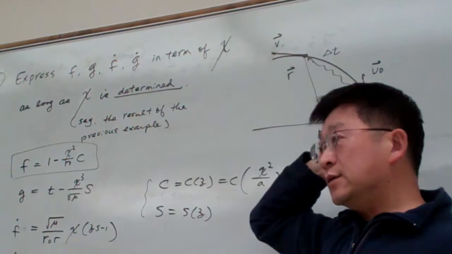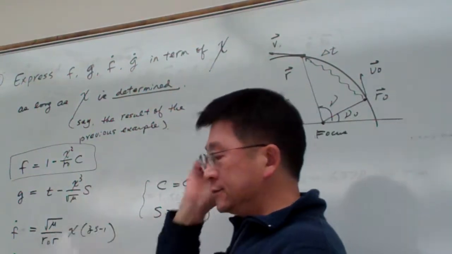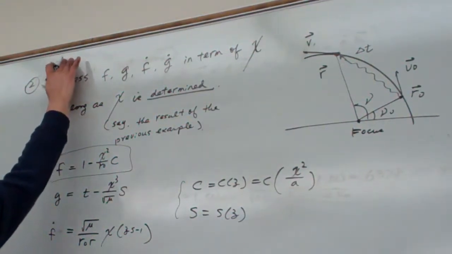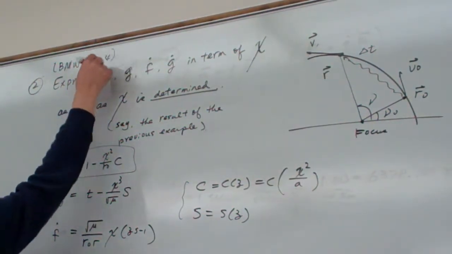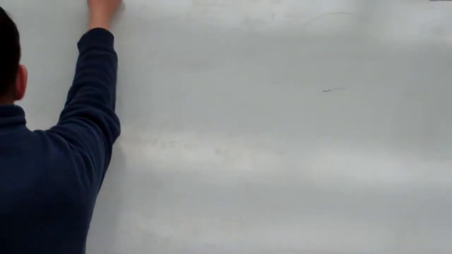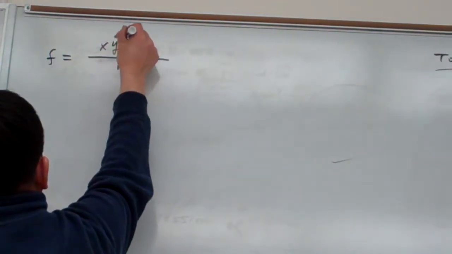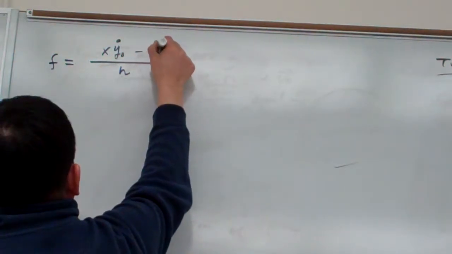And for this one, this is in our BMW textbook, section 4.4. Okay, you can refer to their details. And let me show you why the F is like this. From F, previously we've calculated x y0 dot minus y x0 dot.